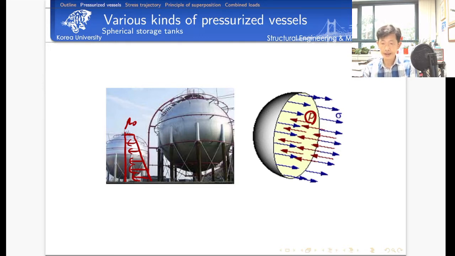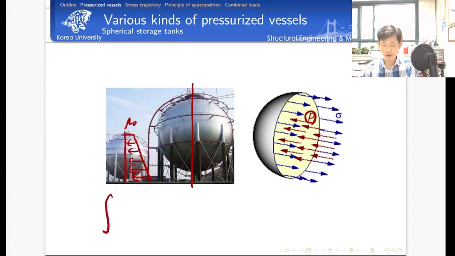Okay, so let's say we don't want to consider gravity because there's no gravity, and then if you cut this spherical vessel in half, then there must be force equilibrium. The first component is what?